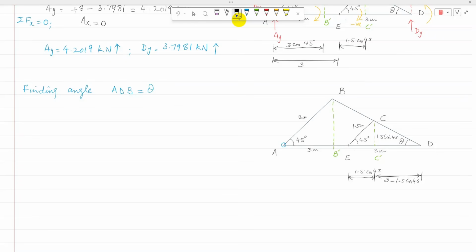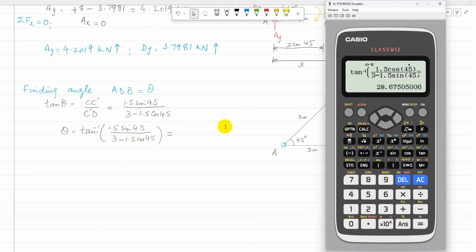Now in the triangle CC dash D, I know opposite and I know adjacent. So here I can use tan theta, which is opposite CC dash over adjacent C dash D. CC dash is 1.5 sine 45 and C dash D is 3 minus 1.5 cosine 45. Then theta is equal to tan inverse of all that, which is equal to 28.675. So angle theta is calculated as 28.675.